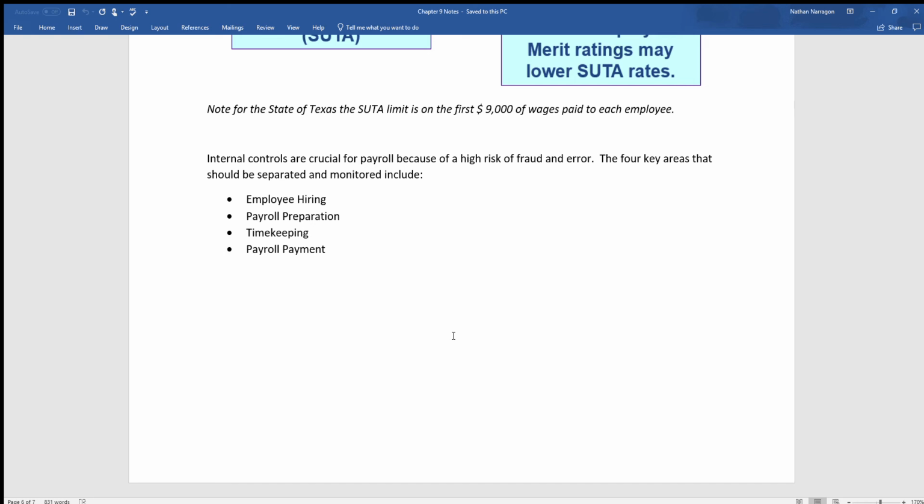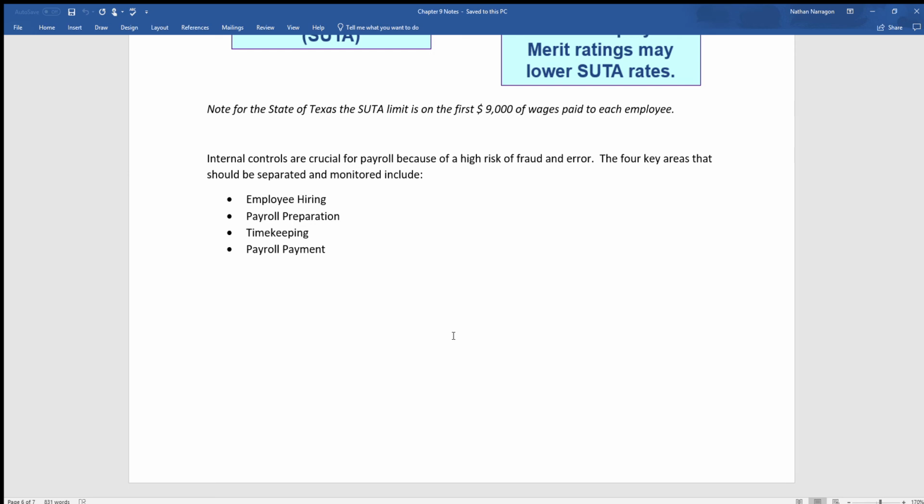Last one is basically the payment of the payroll. Again, who writes the checks? So if they're writing checks and they're also doing the employee hiring and the timekeeping, well, guess what? They're just doing those 3. They have a lot of opportunity, because remember, fraud is rationalization, motive, and basically the opportunity.